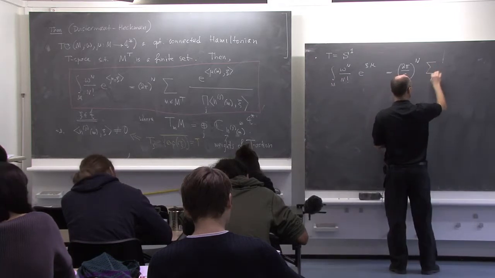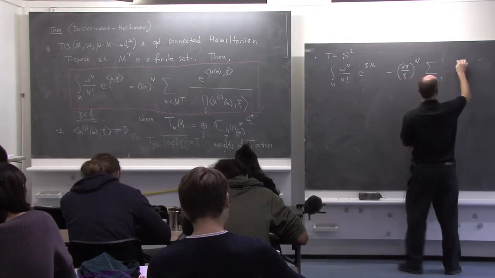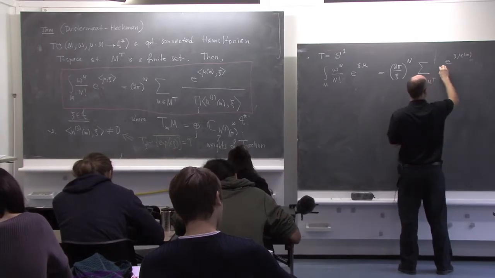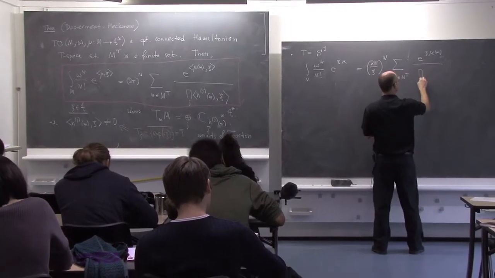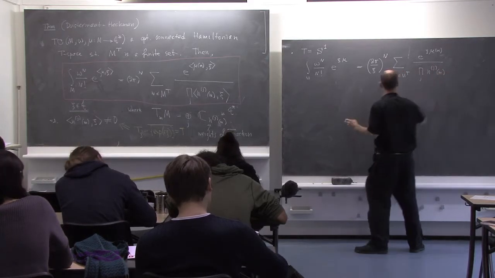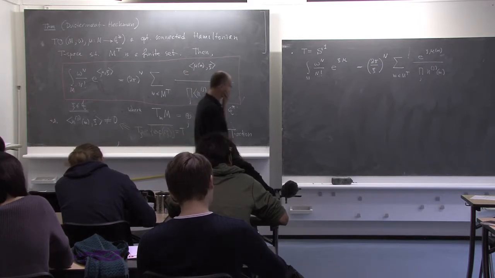And here there will be some m in mt and exponential xi mu of m divided by the product of integers. So these are just weights of the S1 action.